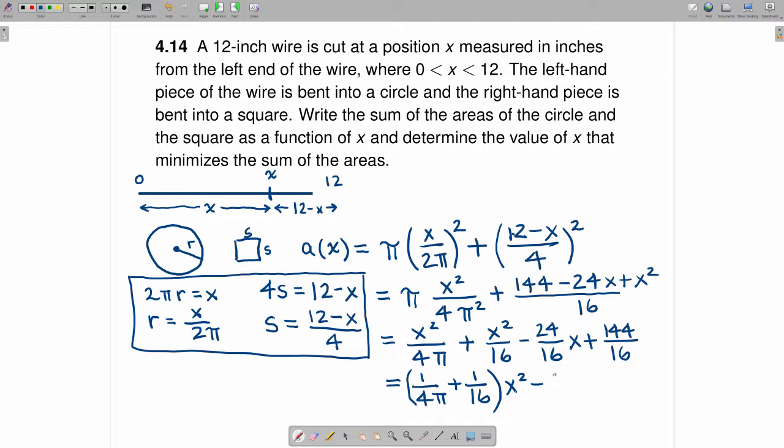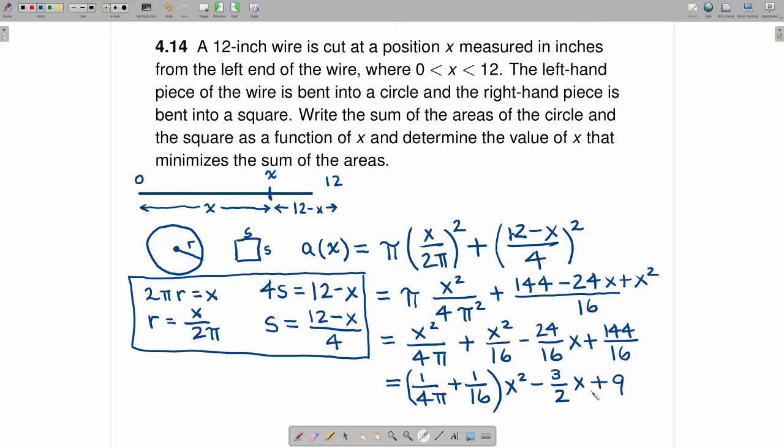When you divide 8 into 24, you get 3. When you divide 8 into 16, you get 2. So you get minus 3/2 x. And finally, the last piece here is 144 divided by 16. 16 goes evenly into 144, and that is equal to 9. So there is your quadratic equation, and you can think of that as a x squared plus b times x plus c.